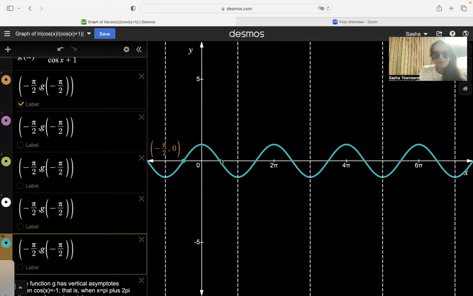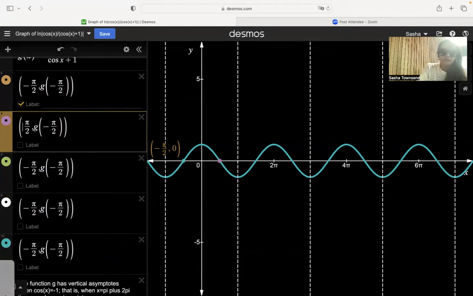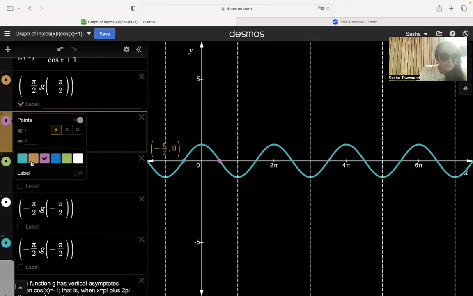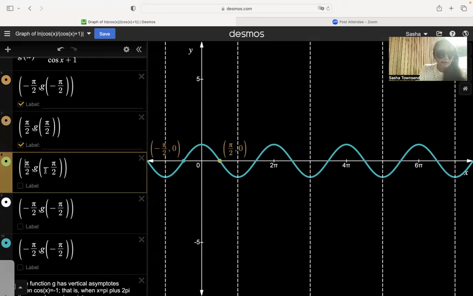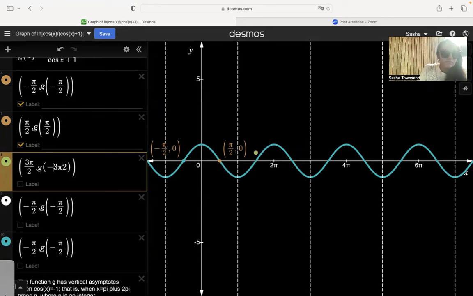So negative pi over 2, then pi over 2. I think I want them all to be orange. So at pi over 2, we're going to get a 0. Then at 3 pi over 2, we'll have a 0. Again, all those odd multiples of pi over 2.